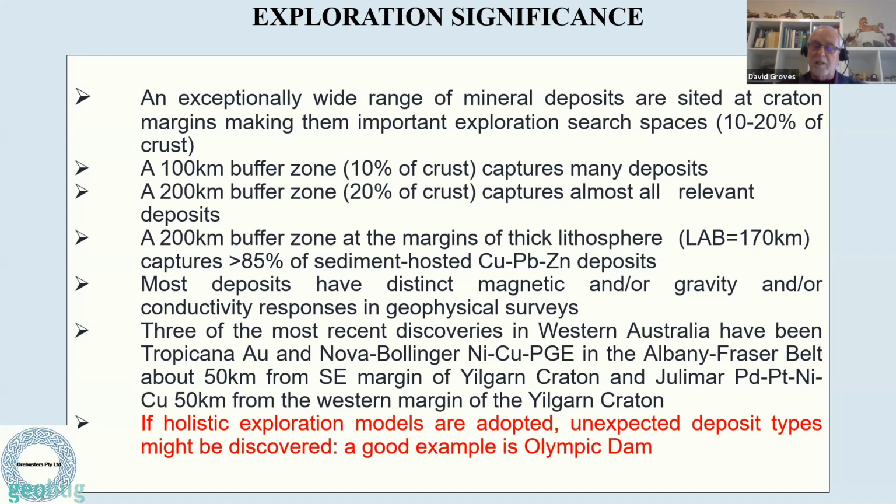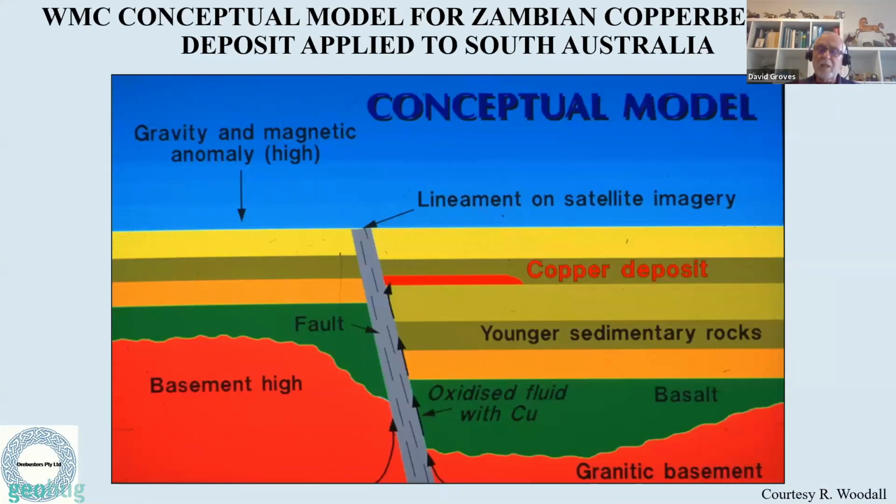And I think that this applied to Olympic Dam. So Roy Woodall kindly gave me the original slide on which the model was based. So we've got a basement high and a relative basement low. So we have to have a major fault. This could be a crustal scale fault or a lithoscale fault.